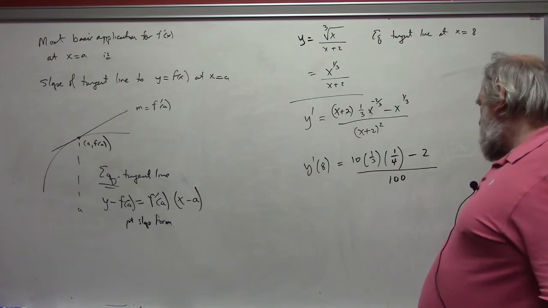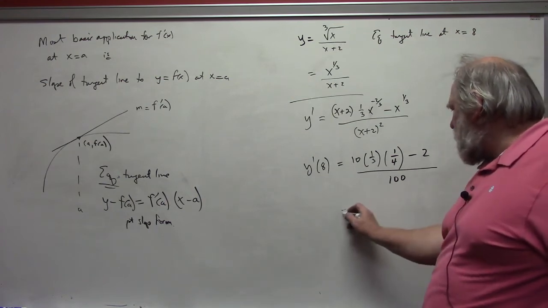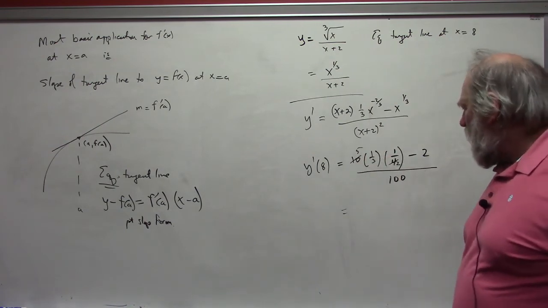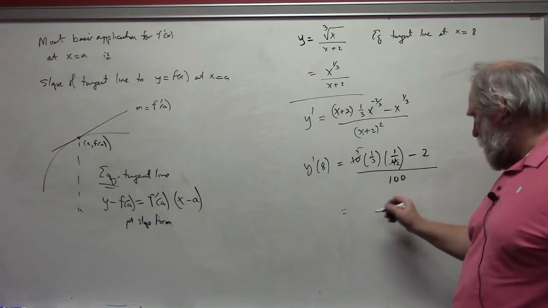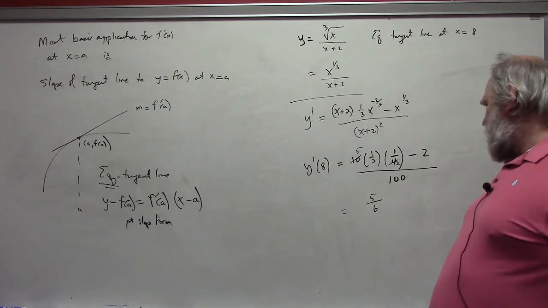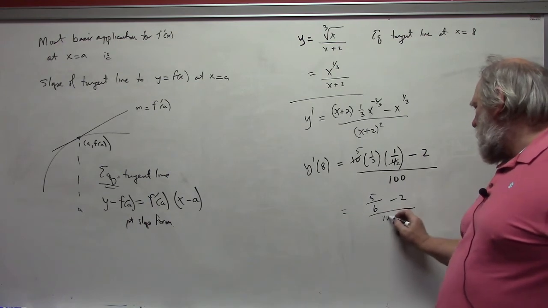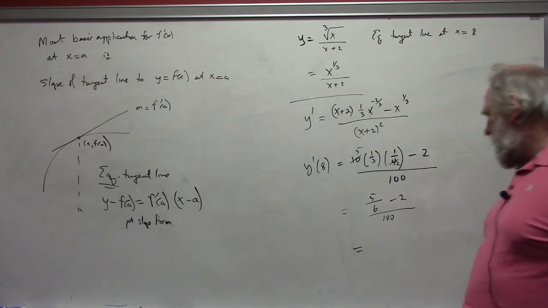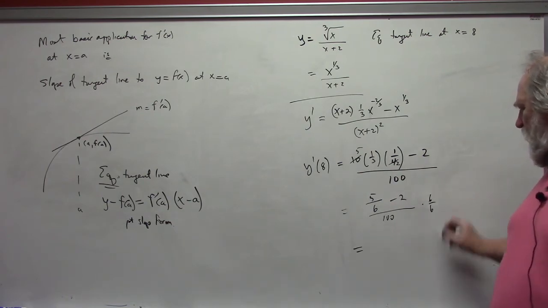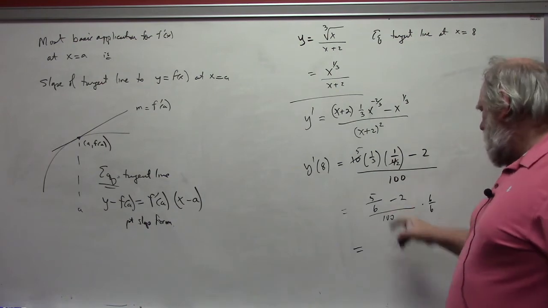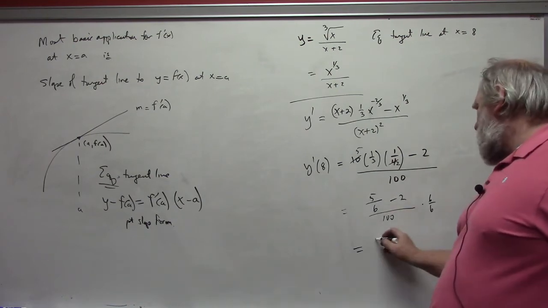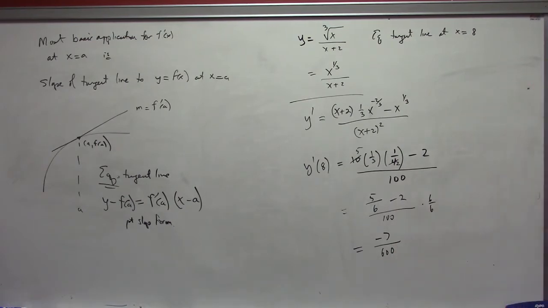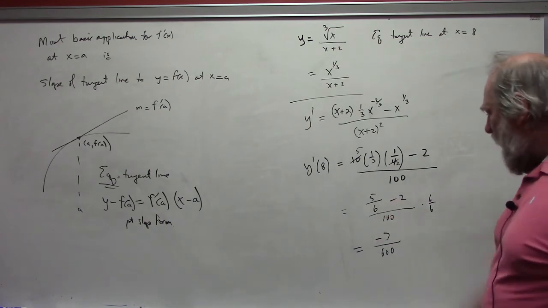And so if I simplify this a little bit, and do a little reducing to make life a little easier, this gives me 5/6 minus 2 divided by 100, which if I want to, I can multiply by 6 over 6 to the entire big fraction, and I get then 5 minus 12, which is negative 7 over 600. Okay, this is my derivative at 8.